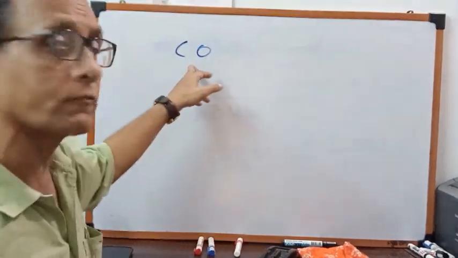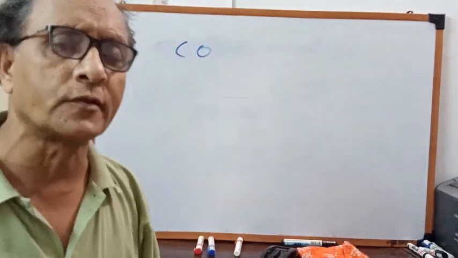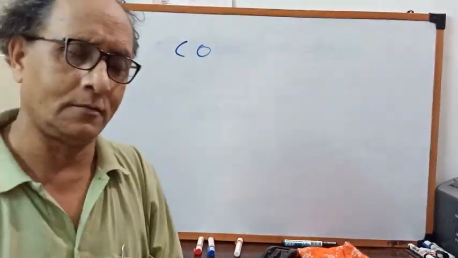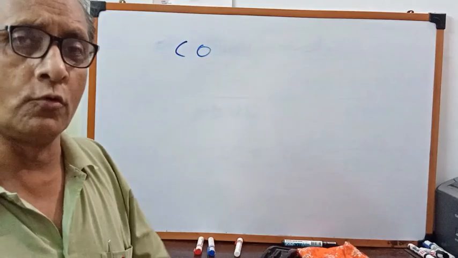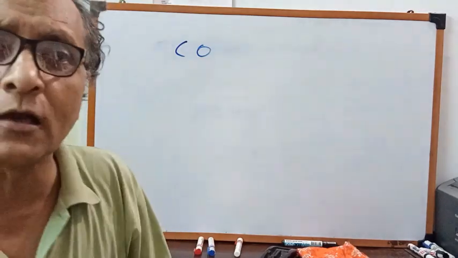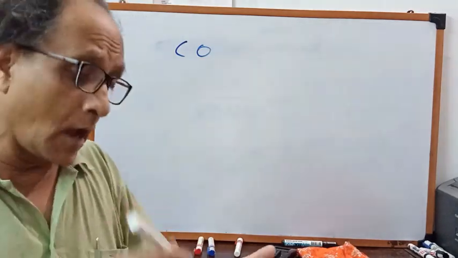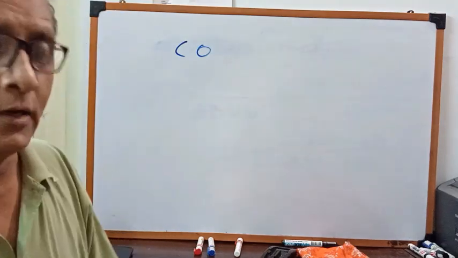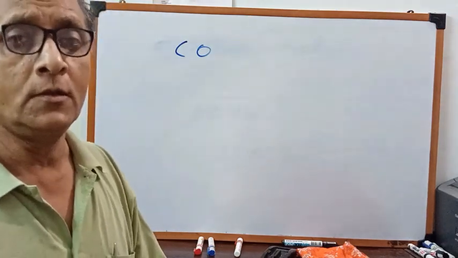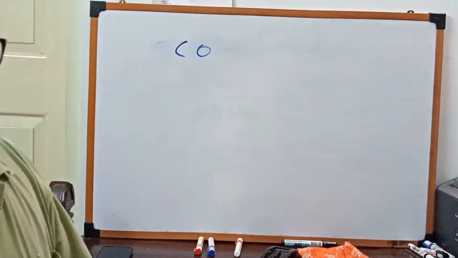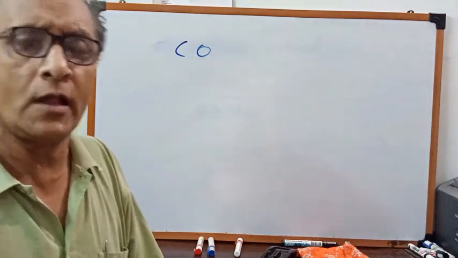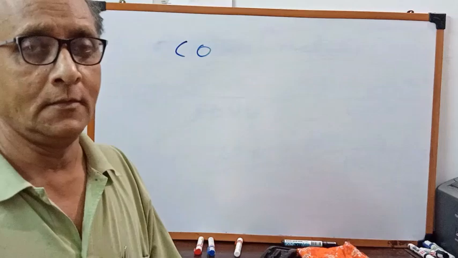We used to ask this question 100 times during our oral examination: define cardiac output. Every time we ask, in 90% of cases, I tell you, we receive a wrong answer.